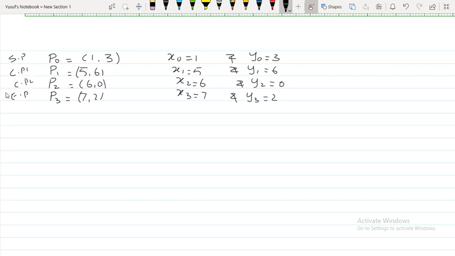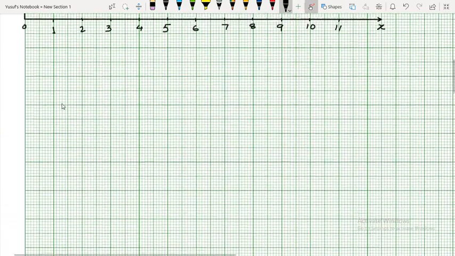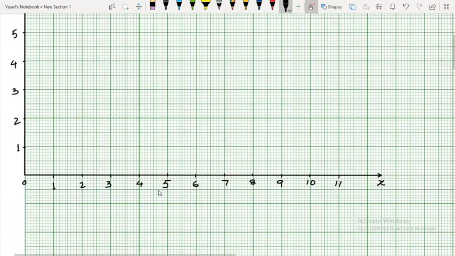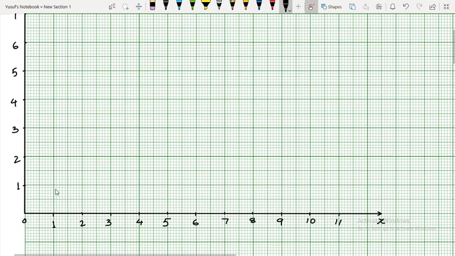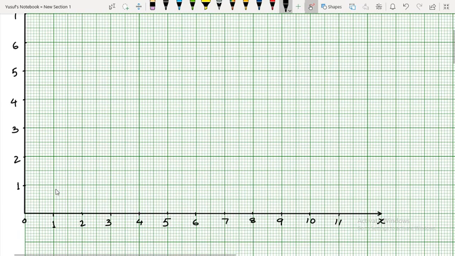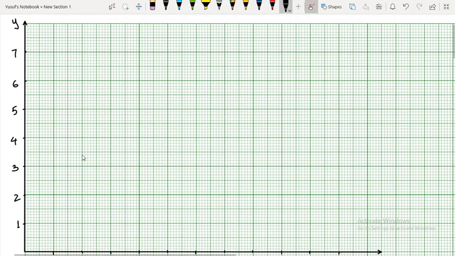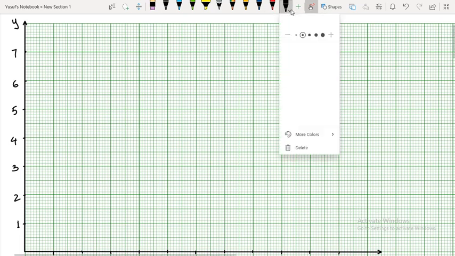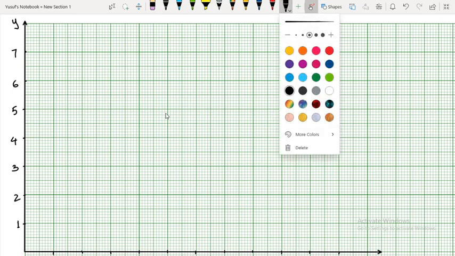So before calculating in between points on the curve, first I will plot all 4 points on the graph paper: start point, end point and the control points. Suppose it's the x-axis and y-axis and 1 centimeter is equal to 1 unit. So first I will plot the start point.